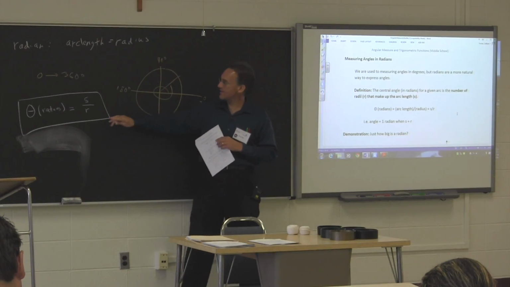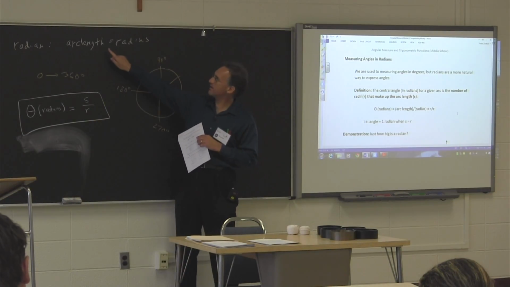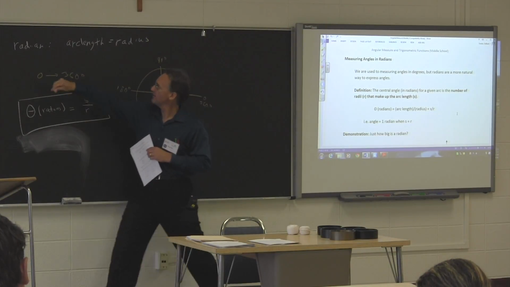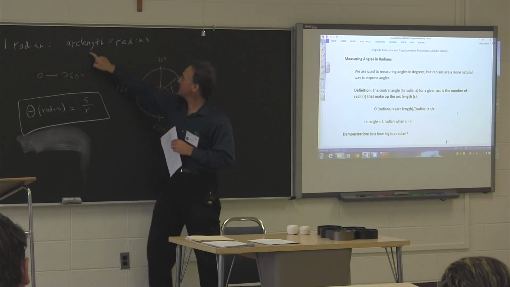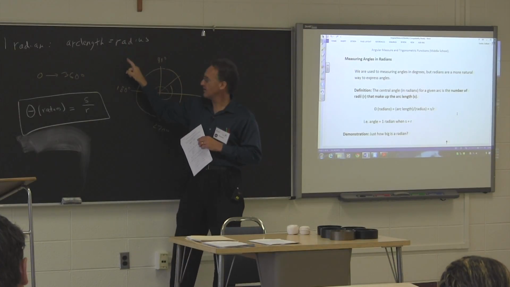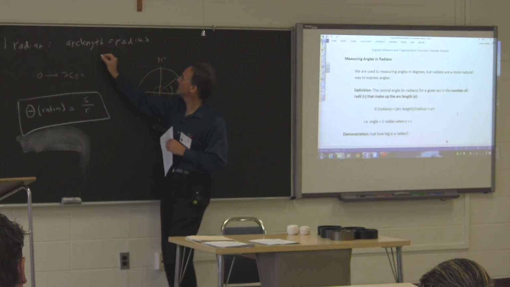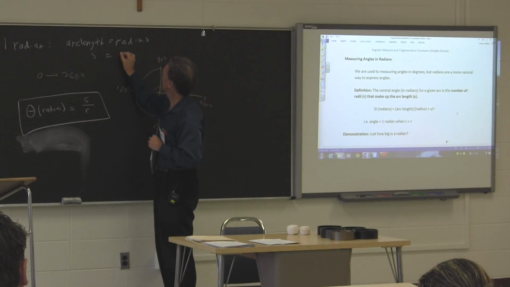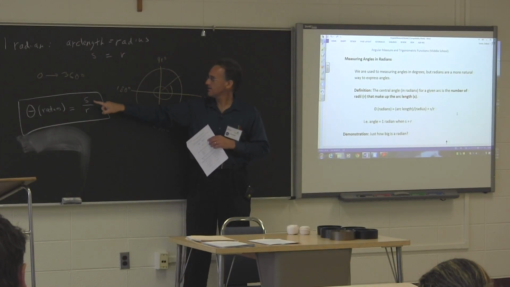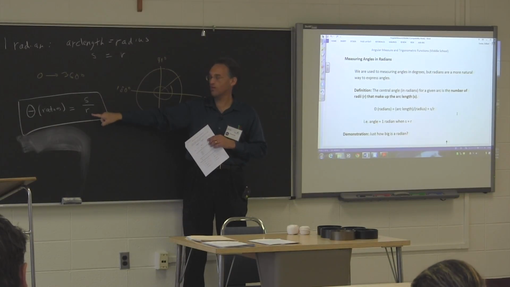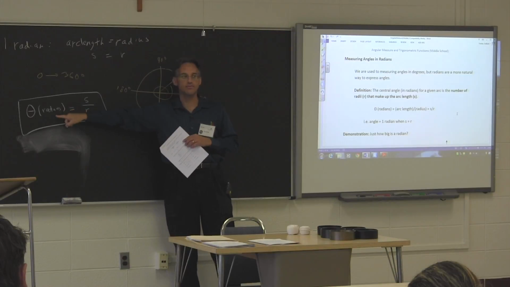The reason this formula works is that for 1 radian, the arc length is equal to the radius, so S is equal to R. If you plug in R for S, you get R over R, and that gives you 1 for theta.